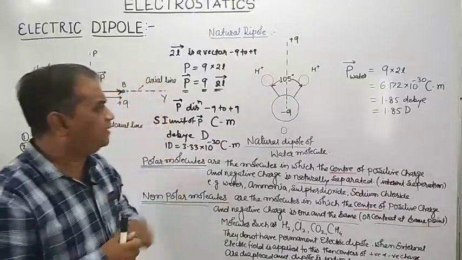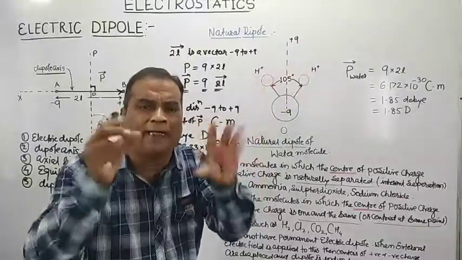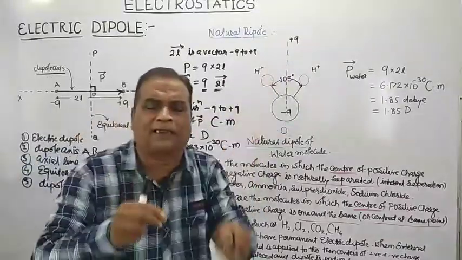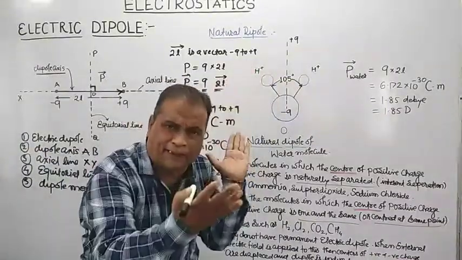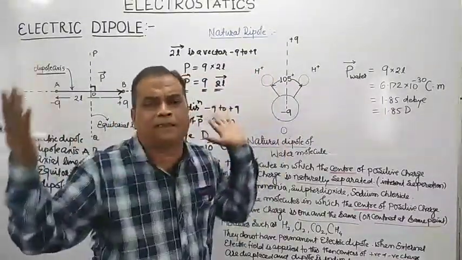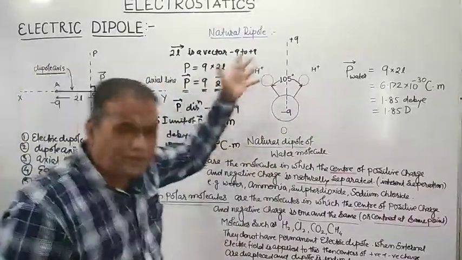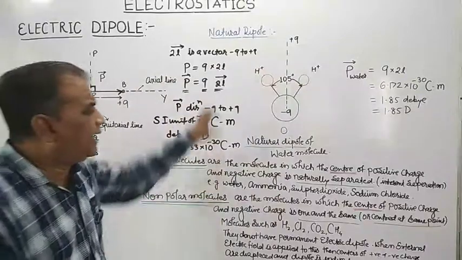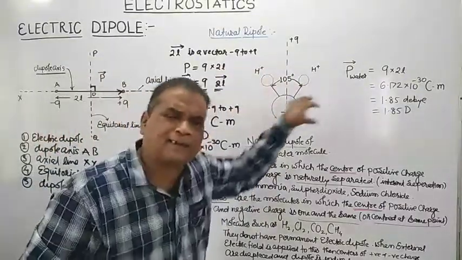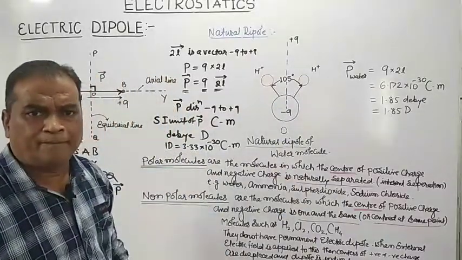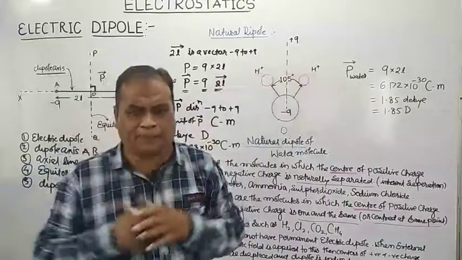So we can say that the centers of the positively charged hydrogen atoms and the negatively charged oxygen atom are naturally separated. There is an inherent separation.